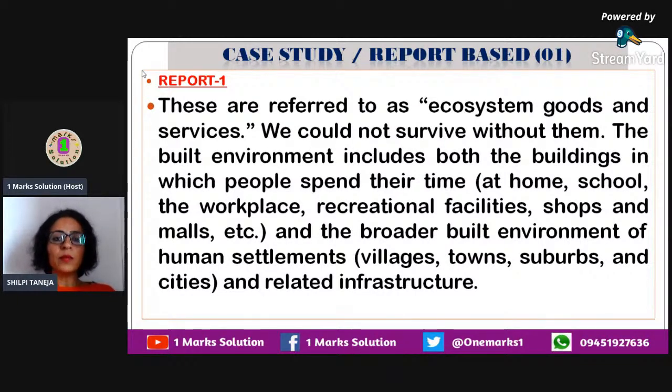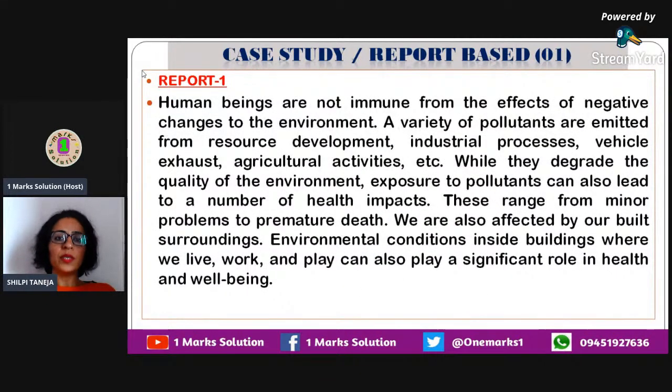The built environment includes both the buildings in which people spend their time at home, school, workplace, all buildings, okay, and the broader built environment of human settlement like villages, towns, suburbs, and cities and related infrastructure. Human beings are not immune from the effects of negative changes to the environment.